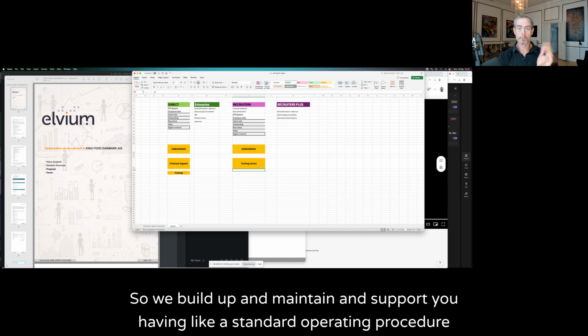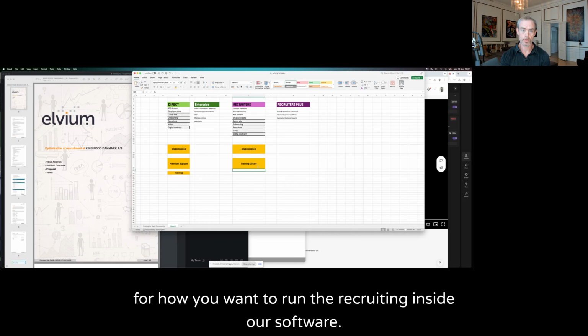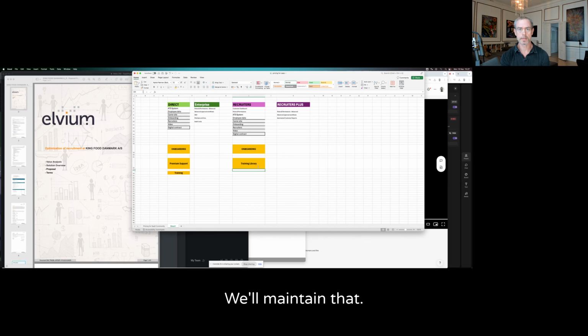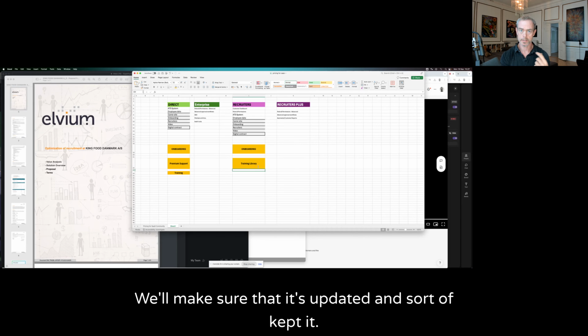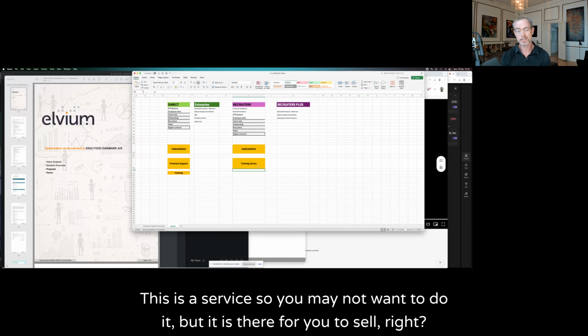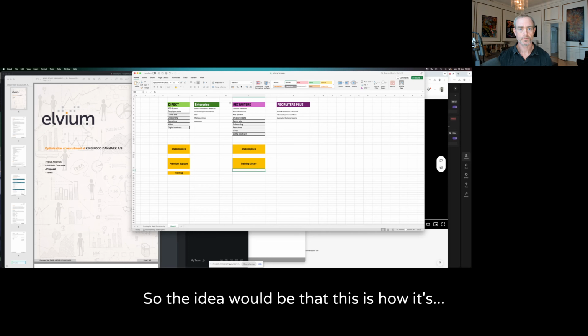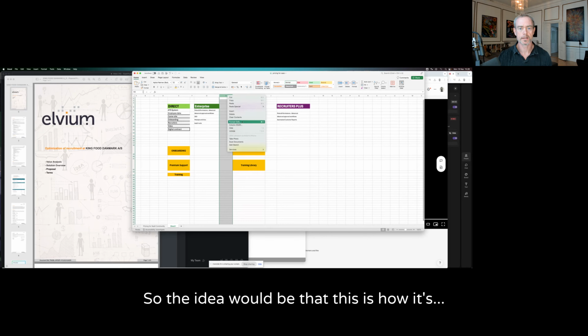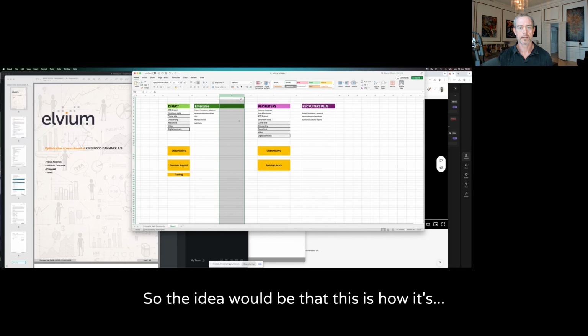So we build up and maintain and support you having a standard operating procedure for how you want to run the recruiting inside our software. We'll maintain that. We'll make sure that it's updated and kept. This is a service, so you may not want to do it, but it is there for you to sell, right?